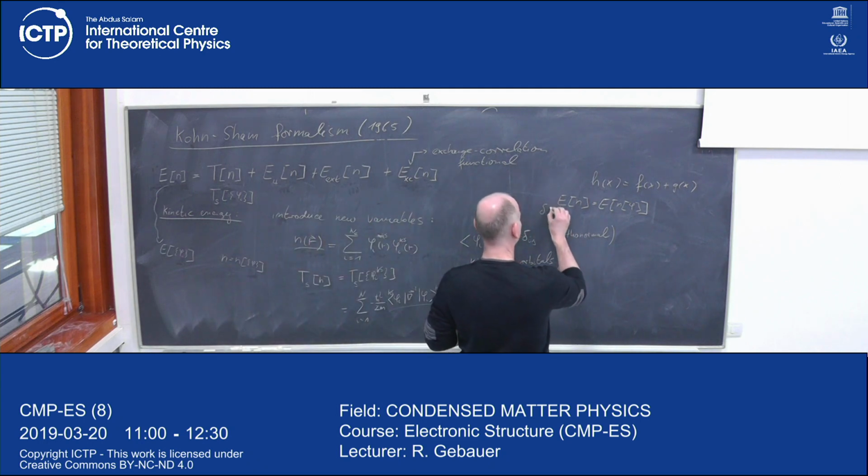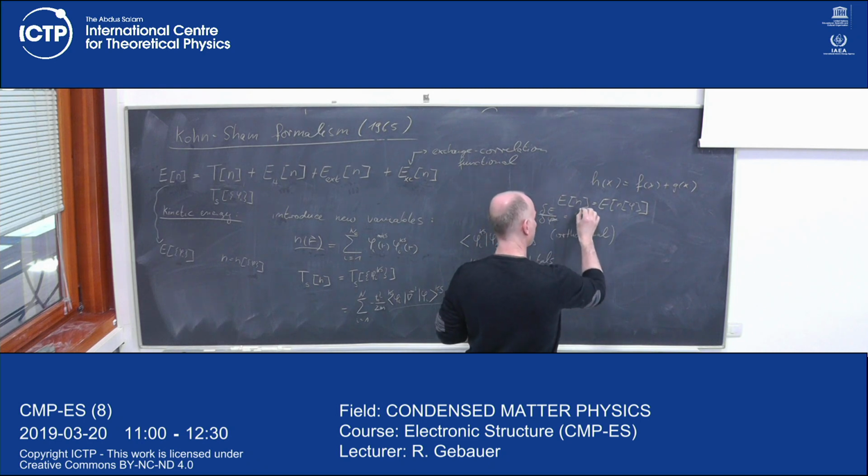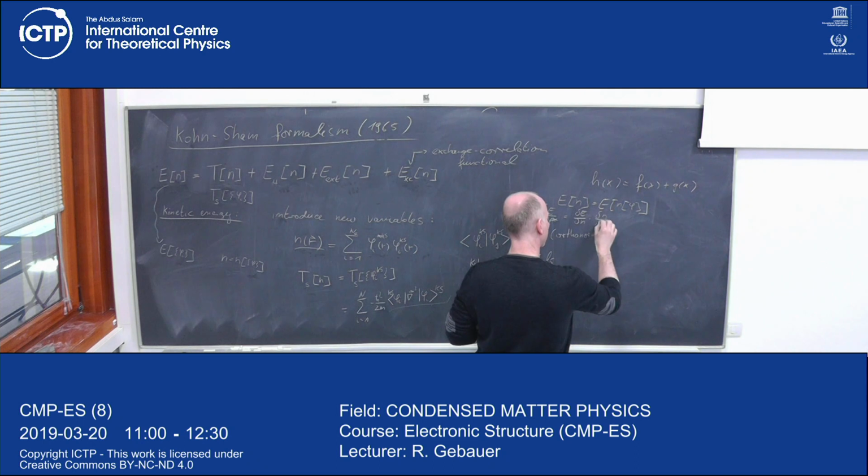Now the derivative of e with respect to the phi's is the derivative of e with respect to n times the derivative of n with respect to phi.